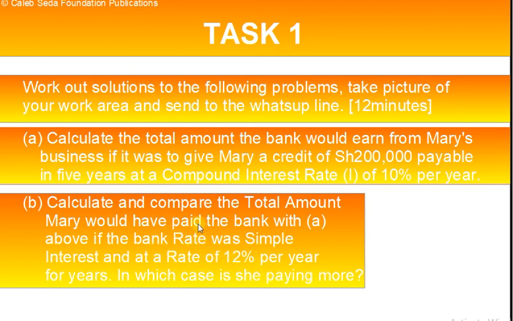Which means you calculate simple interest on the principal of 200,000 at a rate of 12% per year for 5 years, and compare with the compounded interest. Thank you very much. You'll take a bit more time than 12 minutes, which could be up to 18 minutes. We meet later.